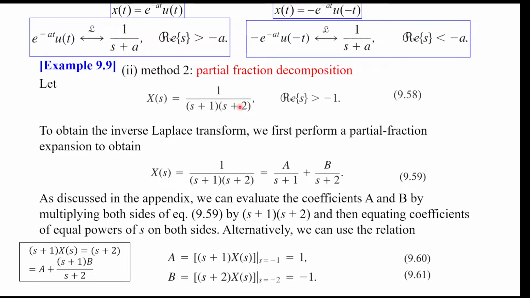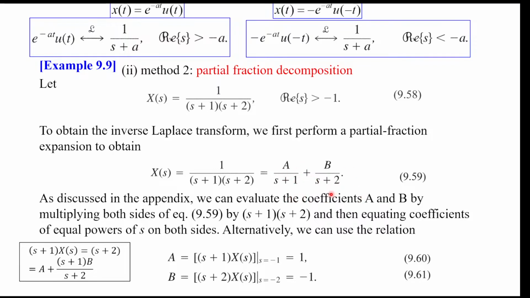So we have a rational function, then we can always do this partial fraction decomposition, or expansion. For example, here 1 over s plus 1 times s plus 2 becomes 1 over s plus 1 minus 1 over s plus 2.